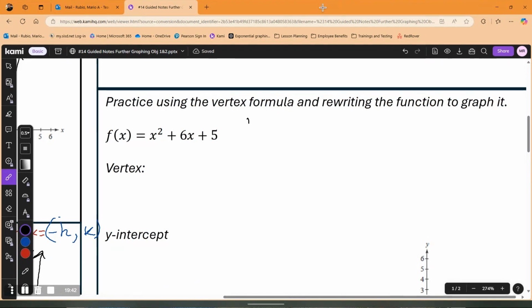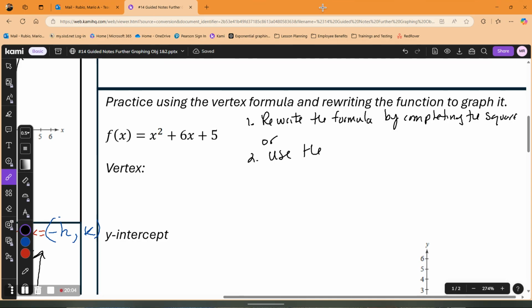You can either rewrite the equation by completing the square, or use the vertex formula to find the vertex, and then set x equal to 0 to find your y-intercept. What that means is everywhere there's an x, you'll put a 0, and that will give you your y equals the answer.